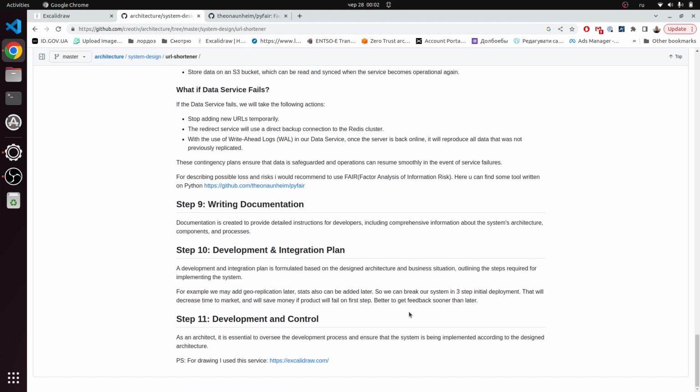Why is it better? Because from startup experience, I know that the sooner you get feedback from your users, the better. Why so? Because you may think that your system needs something, but in reality, a user will say that they don't care about that, and they need something else.